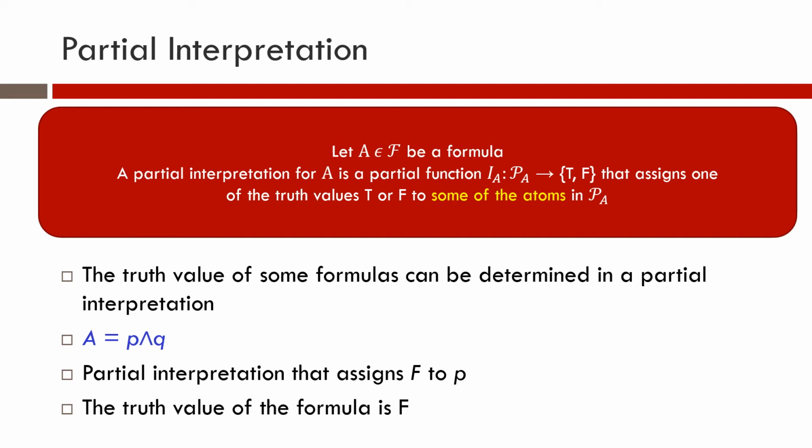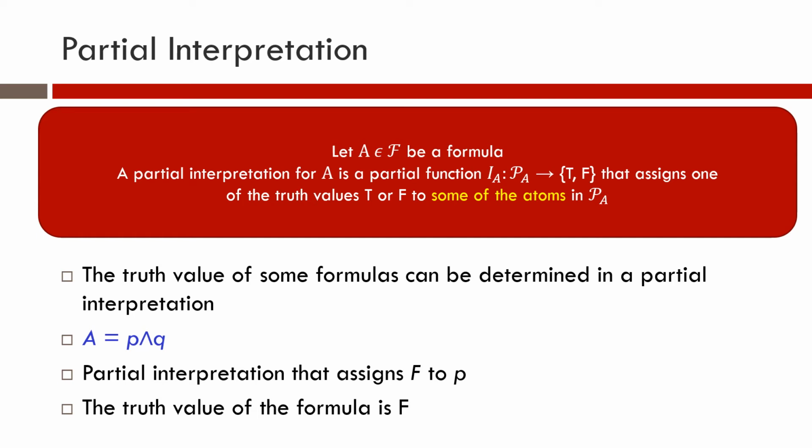So we are not bothered about what the value of Q is. In such formulas, we can determine the truth value of a formula given the truth value of only some of the atoms in PA. In such cases, we need only a partial interpretation. We may not need a complete interpretation. So that is partial interpretation.